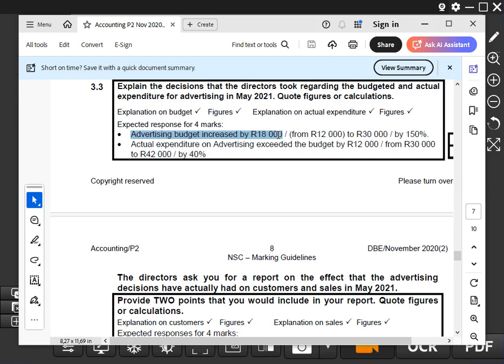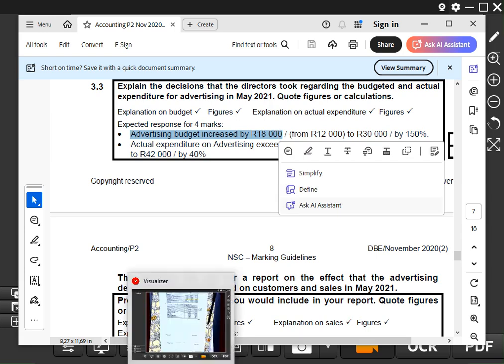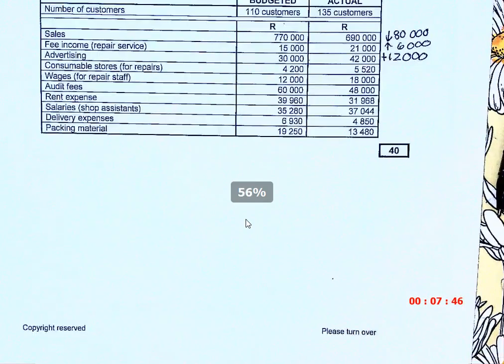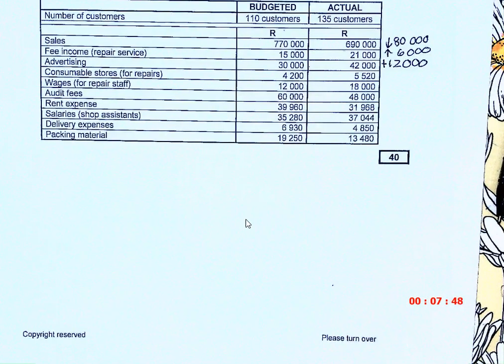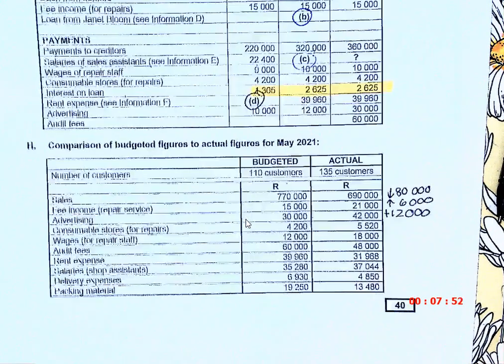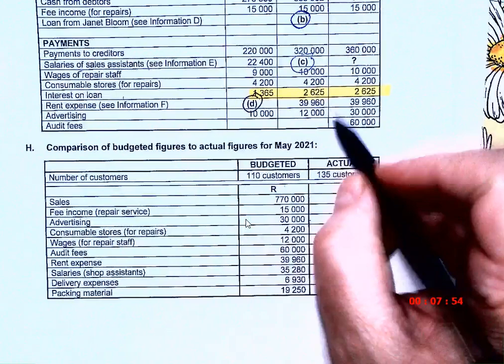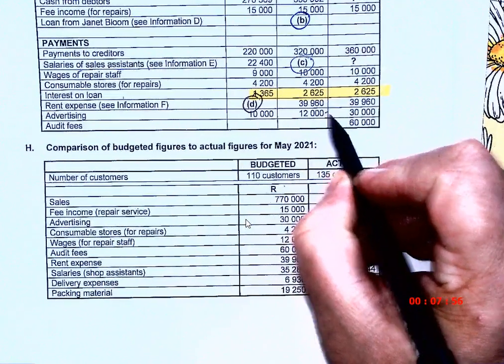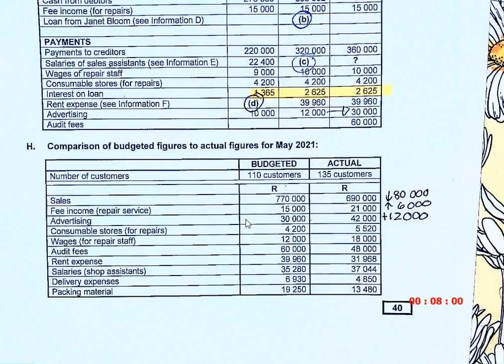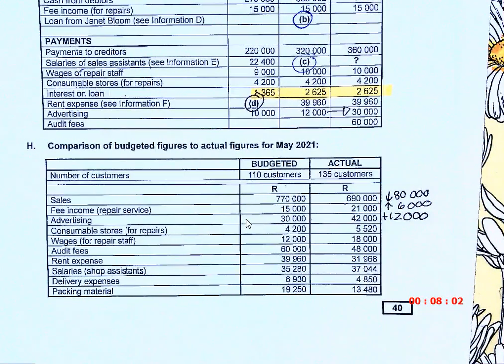From 12 to 30, where do they get that? Let's quickly look. They say G and H. So let's see advertising. Oh, can you see what they did? They looked at the budgeted. But that doesn't make sense. What information are we supposed to use?